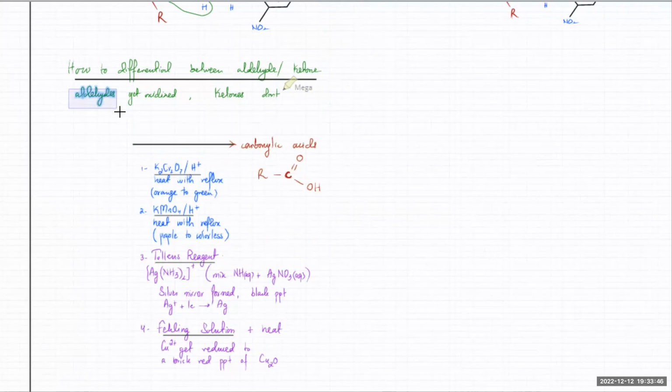So you can do all these tests, and they can be used to figure out whether oxidation or reduction is happening. So that is how you're going to differentiate between the two.